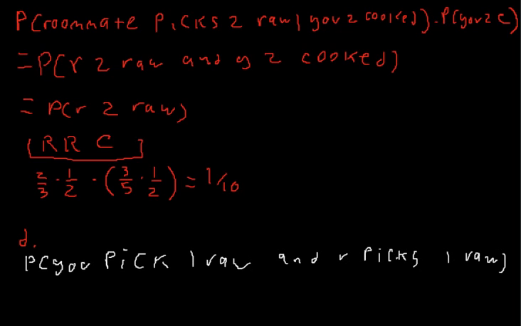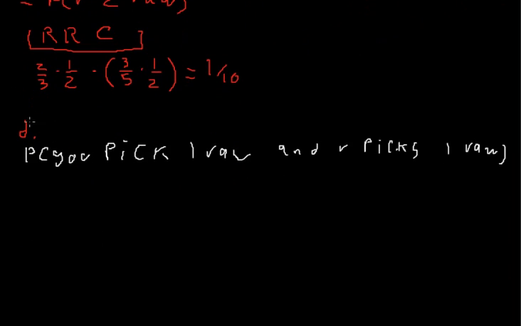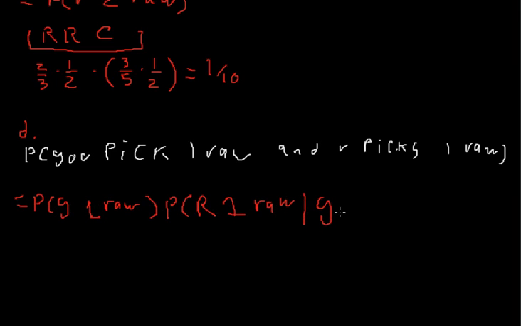So it's the probability that you pick 1 raw, times the probability that your roommate picks 1 raw, given you pick 1 raw. So this probability, you can do cooked raw or raw cooked. We did that before. So this guy becomes either the probability of raw cooked, or the probability of cooked raw.